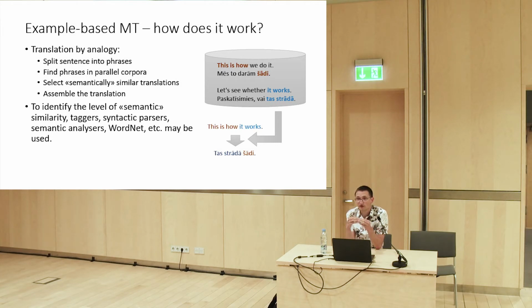So it doesn't try to figure out whether this is how should be translated in a specific way or should not be translated. It relies on data very heavily, and it relies on individual examples or the first examples that satisfy the similarity rules of the method.